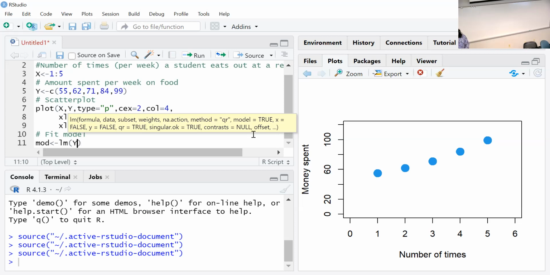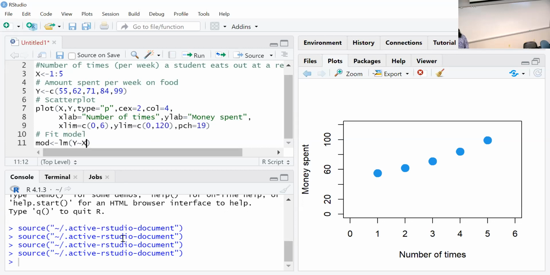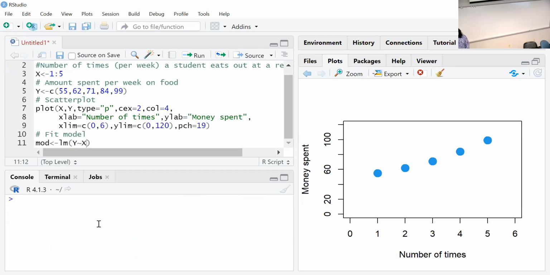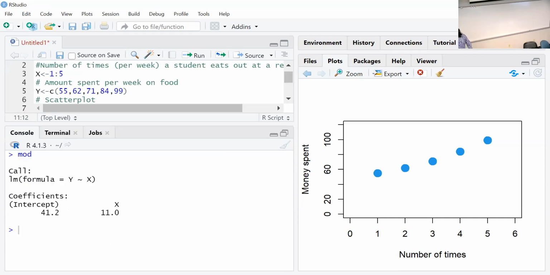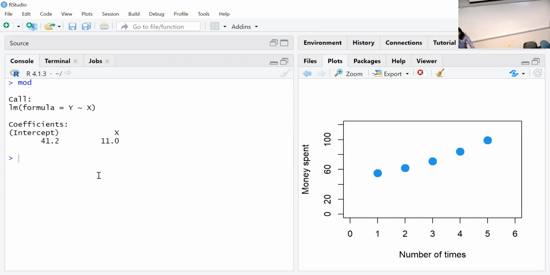Y variable regressed on X. And that's the model I get.